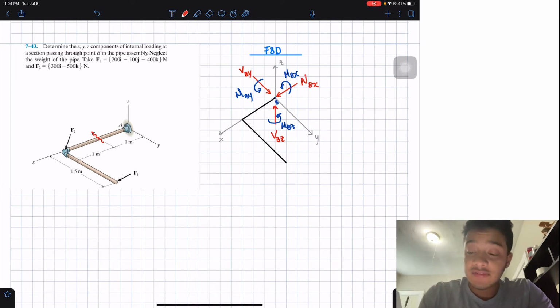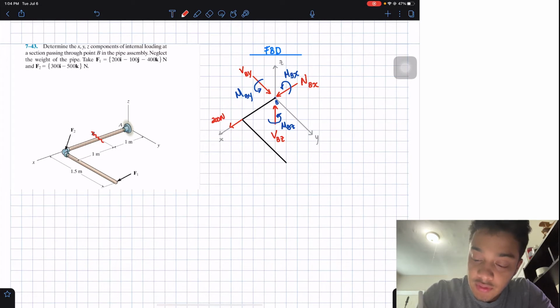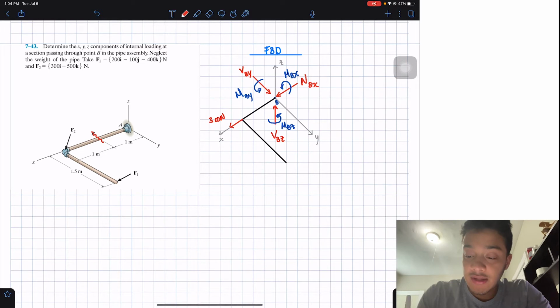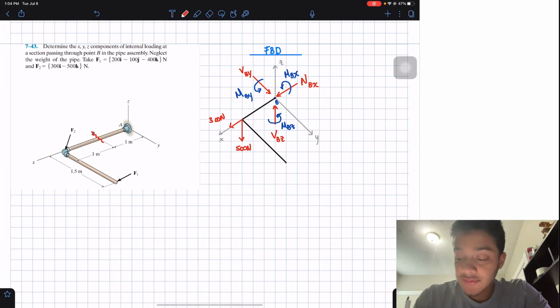Now what I have left is F2. F2 has 300 in the x direction, so I'm going to put 300 newtons. Then I have negative 500 newtons in the z direction, so 500 newtons going down. And then on my F1, I have 200 in the x direction, so 200 like this.